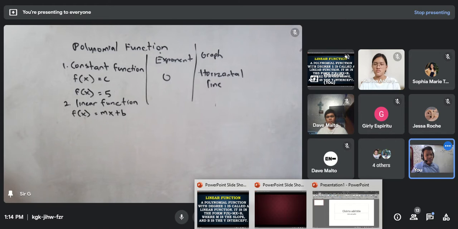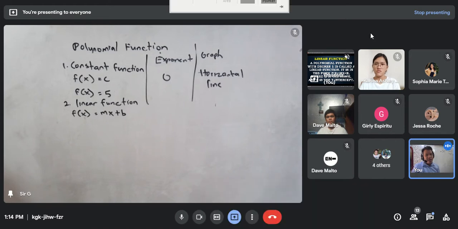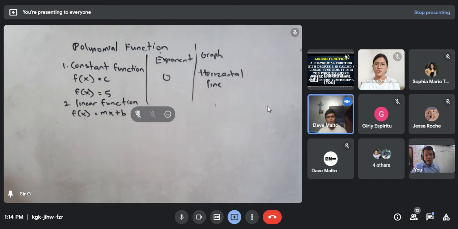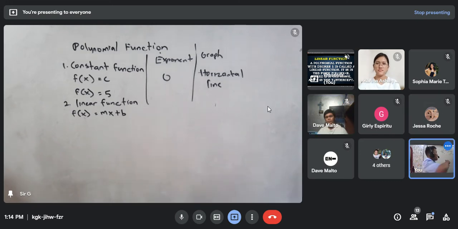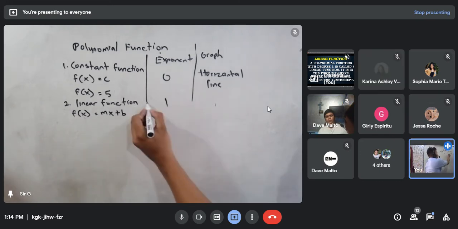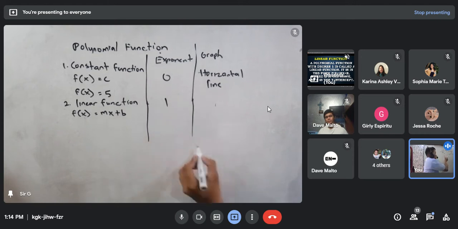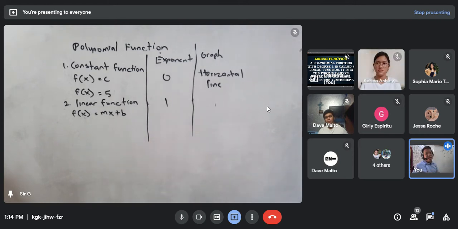Ilang degree daw o ilan yung exponent niya? 1. Okay, kung ang constant function natin is 0, ang linear function natin is 1. So, saan ba natin makikita yung 1? Again, kapag nakita ninyo na may isang variable, kumbaga walang exponent na variable, yun yung tinatawag na linear.